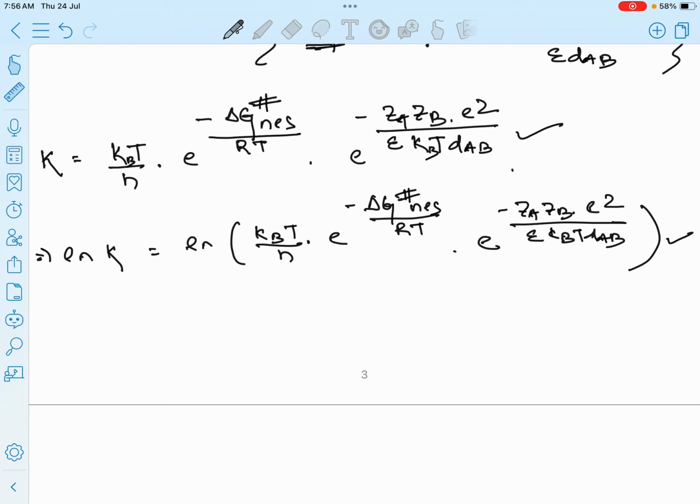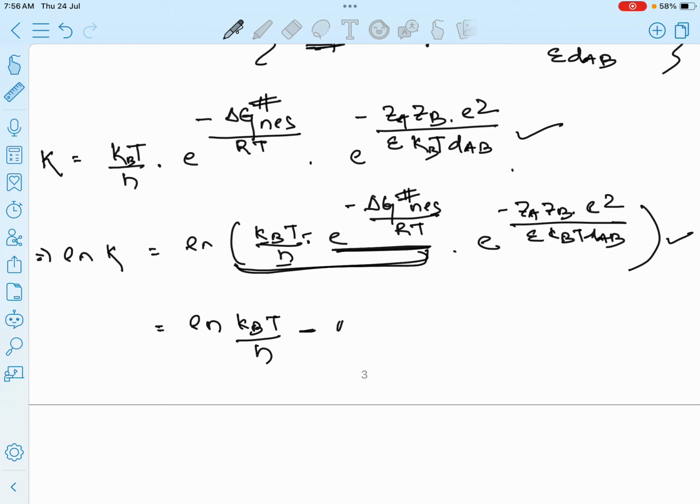This term we consider to be a constant, this is a constant, this is also a constant, and I have considered this to be k node, and this multiplication as kBT.